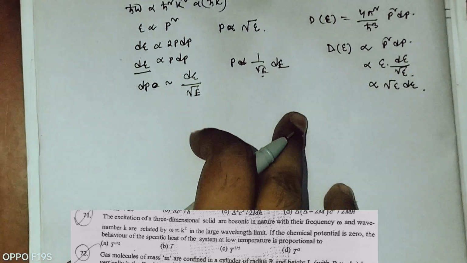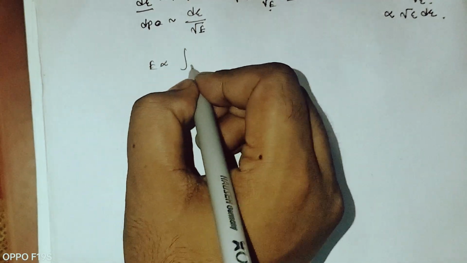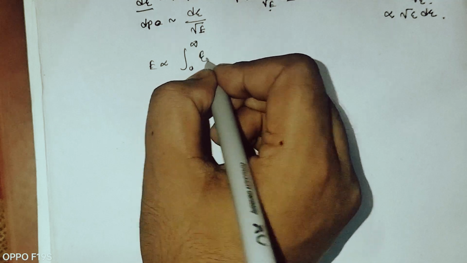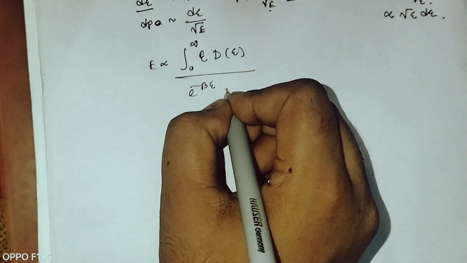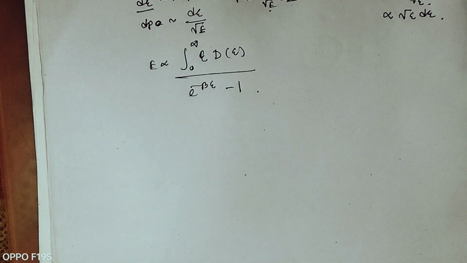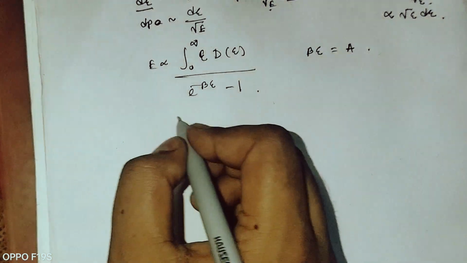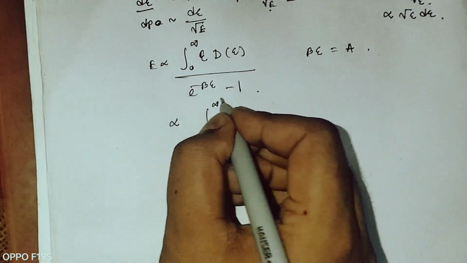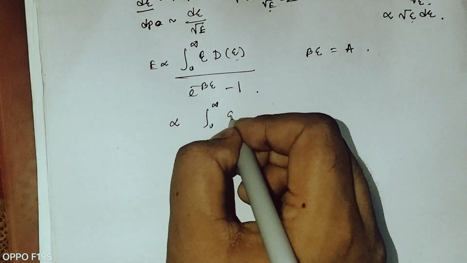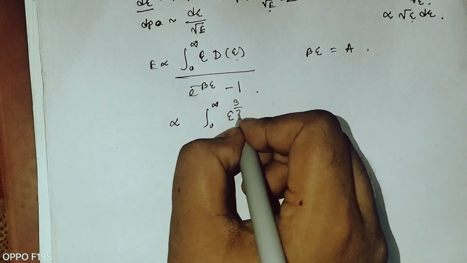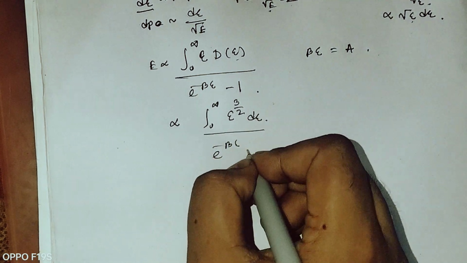Now from the condition of Bose-Einstein condensation, you can write U varies as integral 0 to infinity epsilon d epsilon by e to the power minus of beta epsilon minus 1. Now I am considering beta epsilon equal to a. Substitute the values: 0 to infinity epsilon to the 3 by 2 d epsilon by e to the power minus of beta epsilon minus 1.